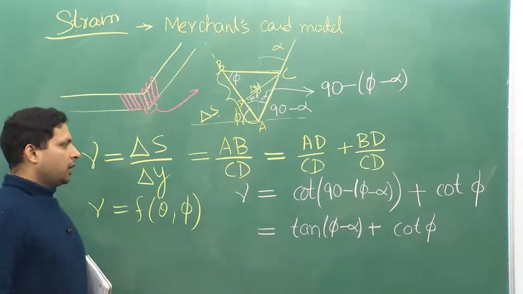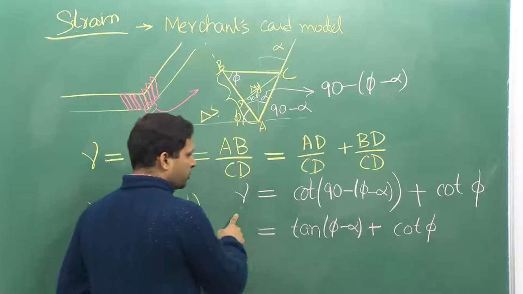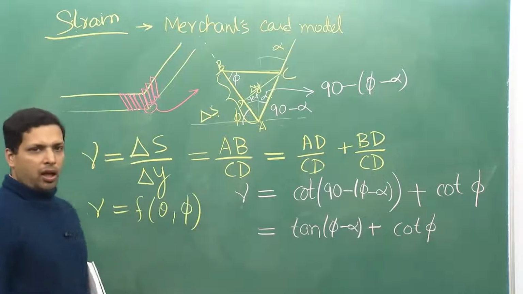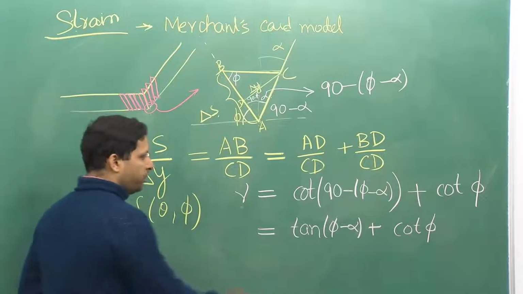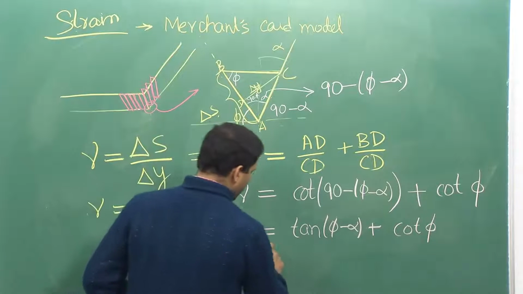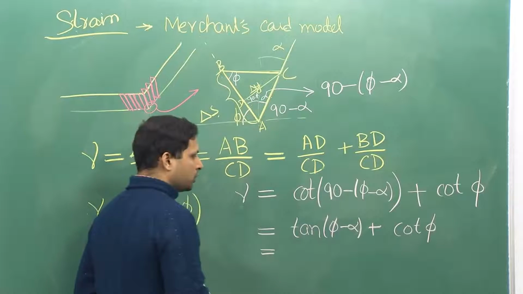So, we have achieved our first goal, which is to write strain, which is the shear strain, in terms of only phi and alpha. Our next aim here would be to simplify it further if it is possible. So, let us see how we can simplify. First, we just turn it into sine and cos.